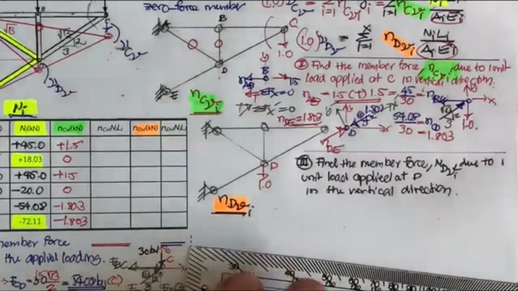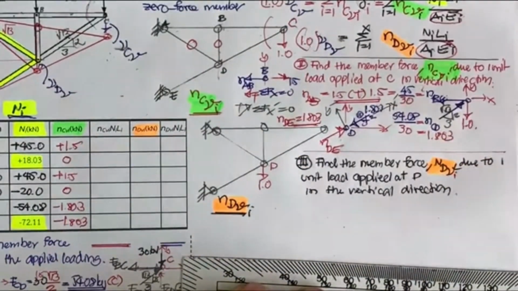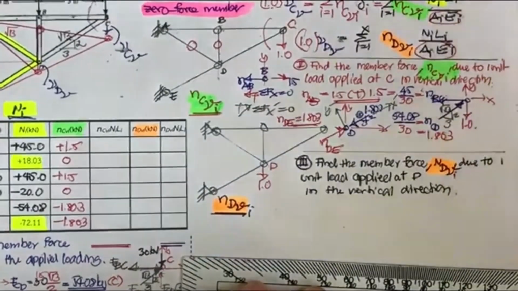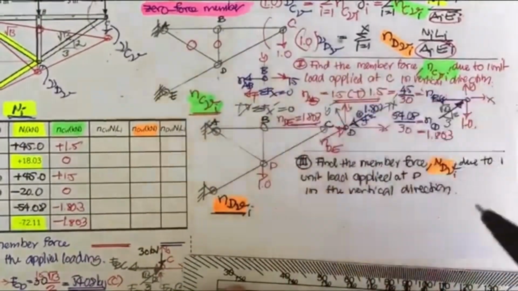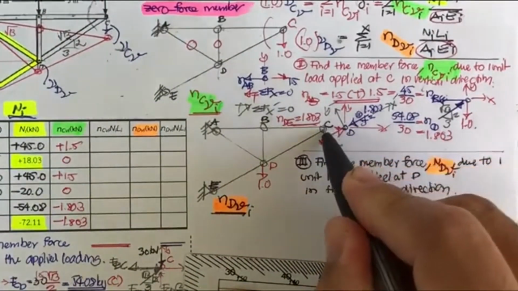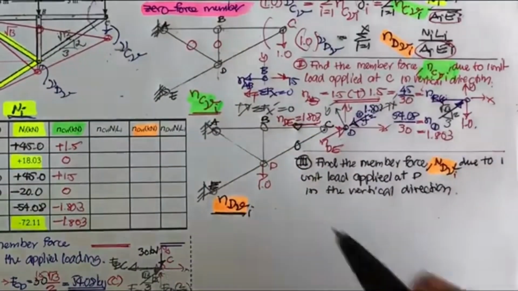This is very clear, so let's call it N sub DV. To guide you to determine it, what we have is the same concept of zero force member. The sum of the force in the truss is going to be 0, and we have these joints A, B, C, D, and E. These joints have no force, so this is 0, this is 0, so DB is 0.